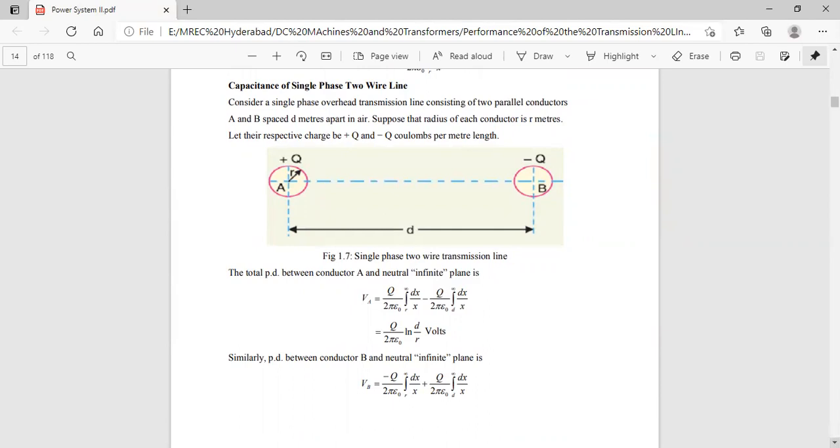We will get Q divided by 2 pi epsilon naught times the integral from R to infinity of dx divided by X, minus Q divided by 2 pi epsilon naught times the integral from D to infinity of dx divided by X. So this VA is the potential difference between the point A and the infinite plane. That VB equation is the potential difference between the conductor B and the neutral infinite plane.